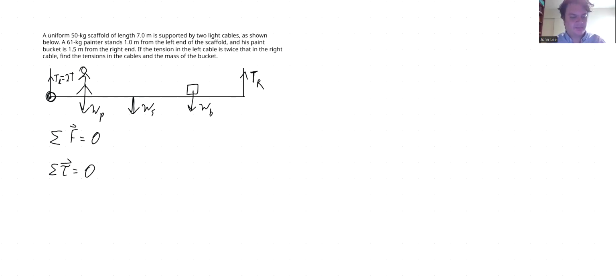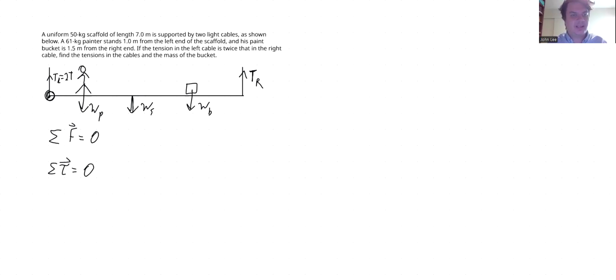So technically we have three unknowns: the tension in the left cable, the tension in the right cable, and the weight of the bucket. But we only need two equations: the sum of all forces is equal to zero, which is going to be a one-dimensional problem because everything's either up or down, and the sum of all torques is equal to zero, which is also a one-dimensional problem.